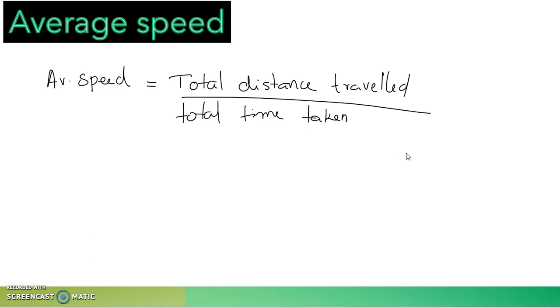Calculate the average speed of that. So we just add all those distances and divide it by the total time taken. You will get the average speed.